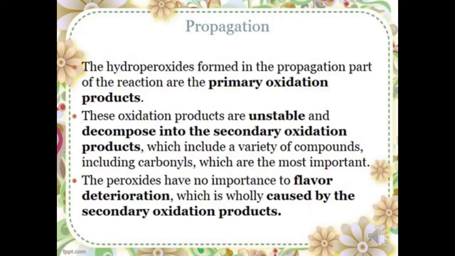So the hydroperoxide that is formed in the propagation step just now is named the primary oxidation product. These primary oxidation products are unstable, so they decompose into secondary oxidation products. Secondary oxidation products include carbonyl and aldehyde, which are responsible for the rancidity of food.